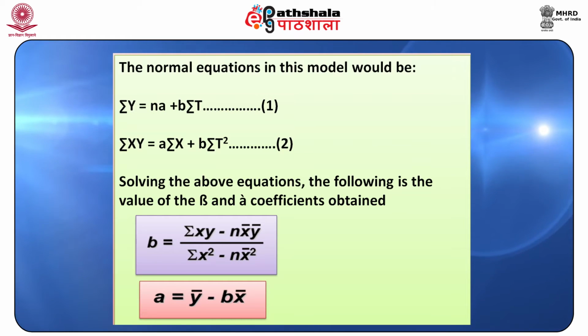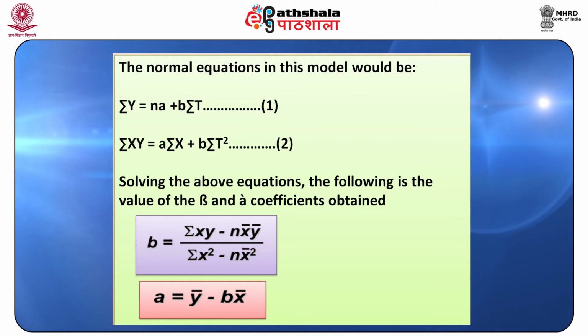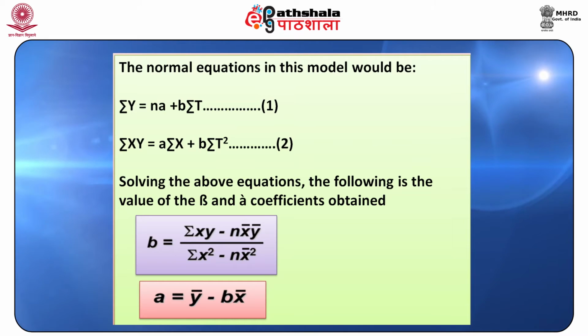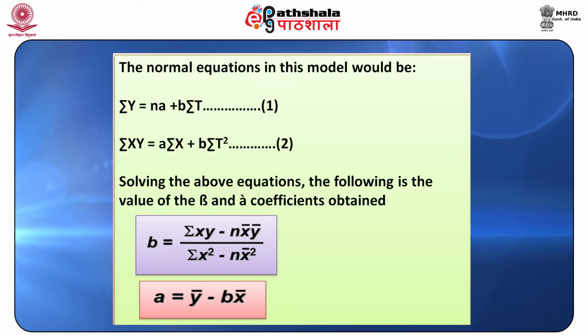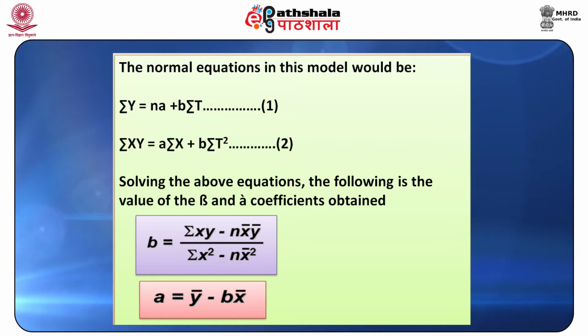The normal equations in this model would be summation y is equal to na plus b into summation t, equation 1. Summation x into y is equal to a into summation x plus b into summation t square, equation 2.